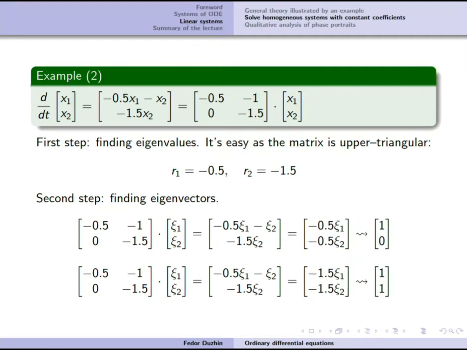And again here the second equation is redundant. It just tells us that 0 equals 0, whatever. And then xi2 can be anything. And if xi2 is anything, then xi1 is the same as xi2, and that's why I wrote 1, 1.